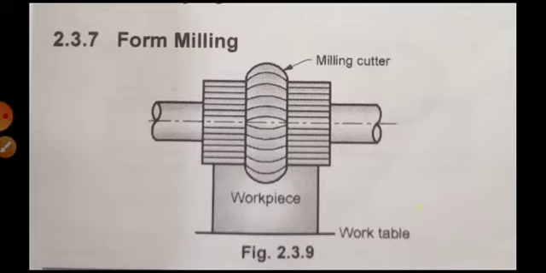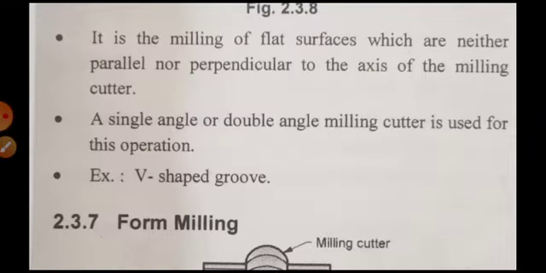To form the required shape on the workpiece, you have the form milling operation, in which this form tool is used specifically for gear manufacturing, to produce concave and convex shapes on the workpiece. So this is a form tool you can see over here.